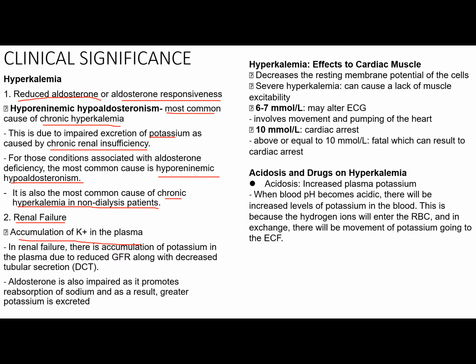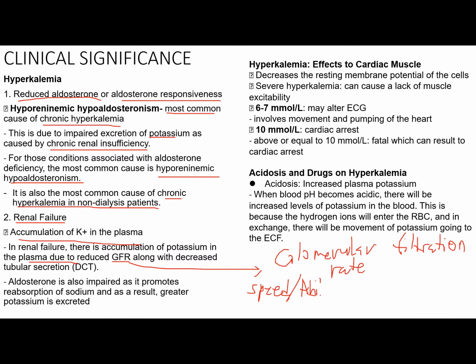In renal failure, there is accumulation of potassium in the plasma due to reduced glomerular filtration rate. When we say glomerular filtration rate, or GFR, this is the speed or the ability of the kidneys to excrete and reabsorb a substance.